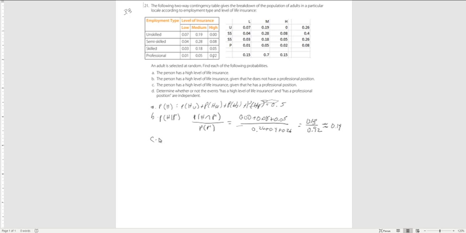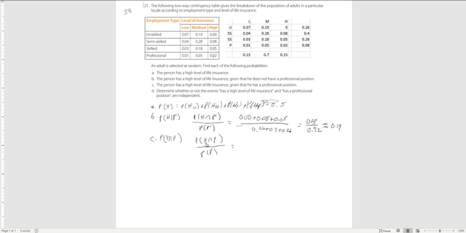Okay, C. Now we want the probability the person has high insurance given that the person is professional. We can look at that a couple of different ways. Let's go through it. The probability of high intersecting professional, divided by the probability that the person is professional.